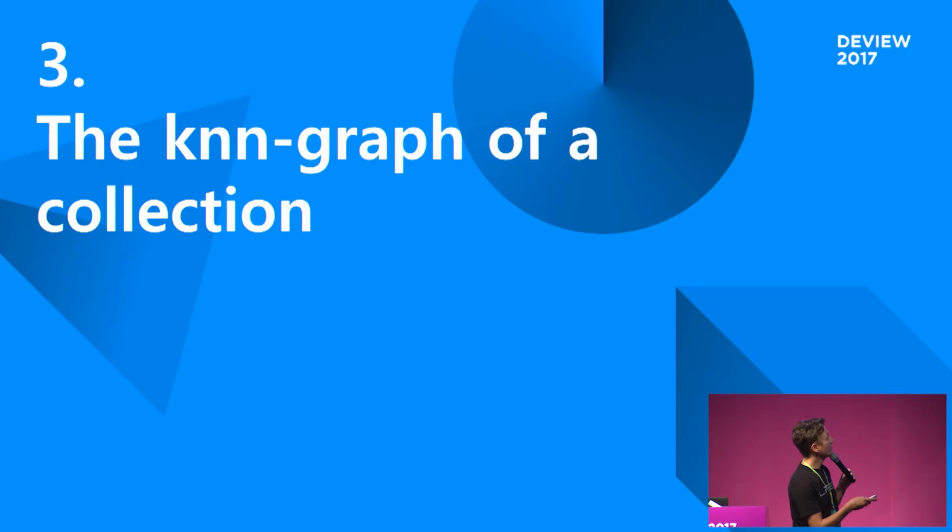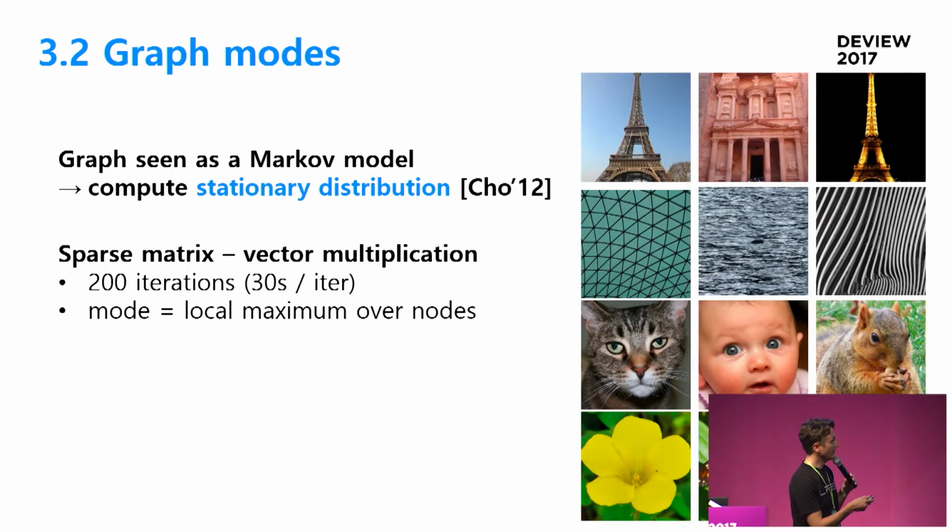So an application is to compute the graph modes, which means, basically saying where the data clusters in our graph to discover some trends or what people are most interested in.